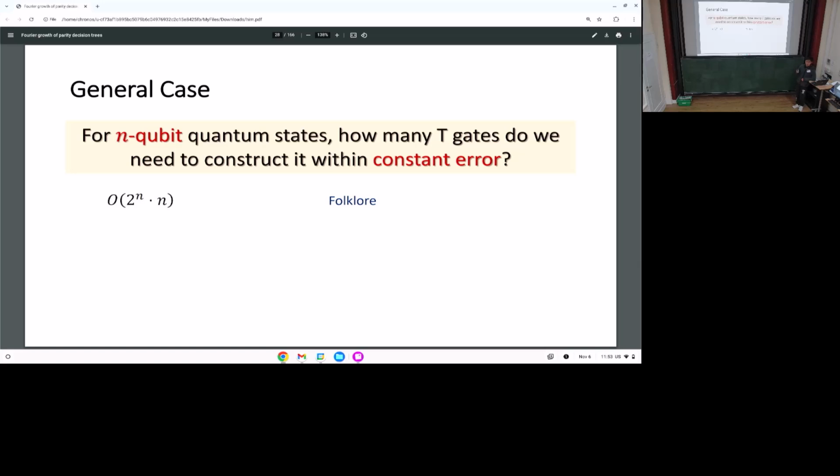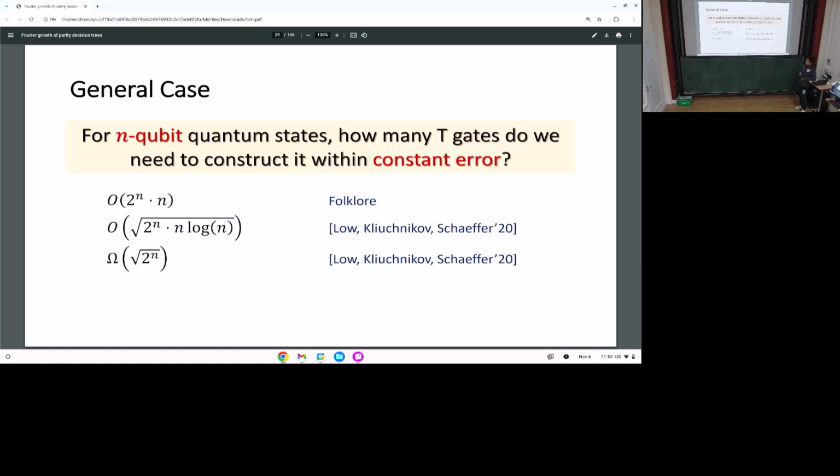So this is the folklore bound. And surprisingly, you can get a square root saving roughly. This is a work by Kliuchnikov and Schaeffer 4 years ago. Actually, you only need square root of 2 to the n times n log n many T gates to do this.